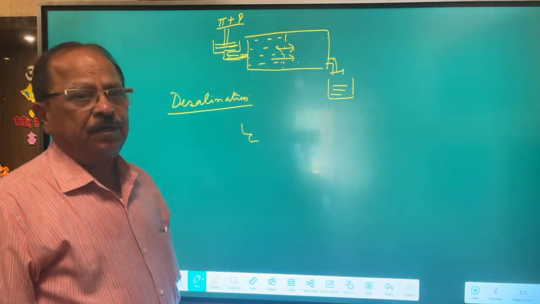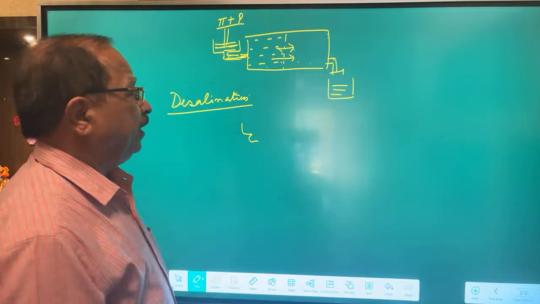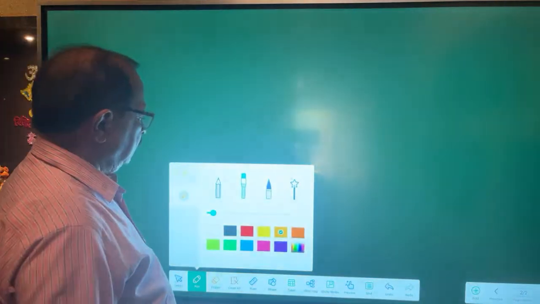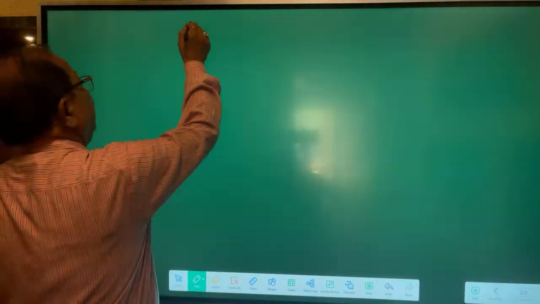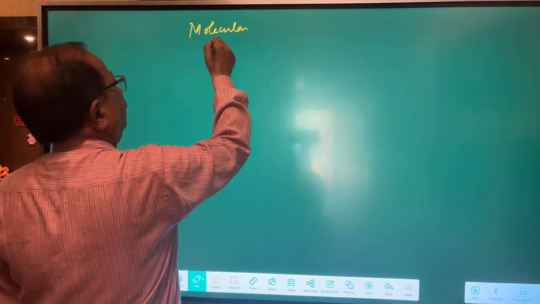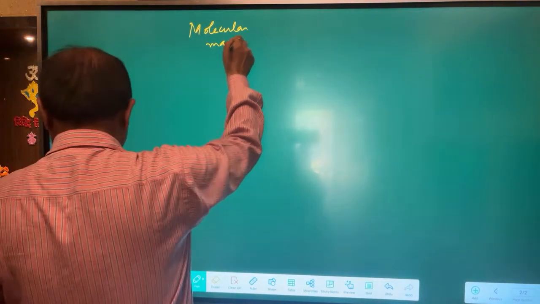So these were the 4 colligative properties, and if somebody asks why do we study these properties at all, we study them just to find out the molecular masses of unknown substances.